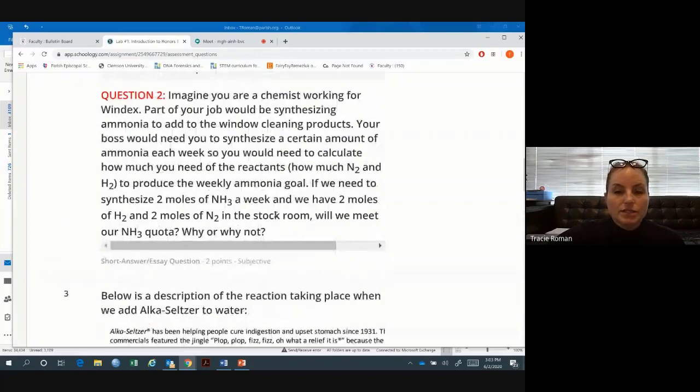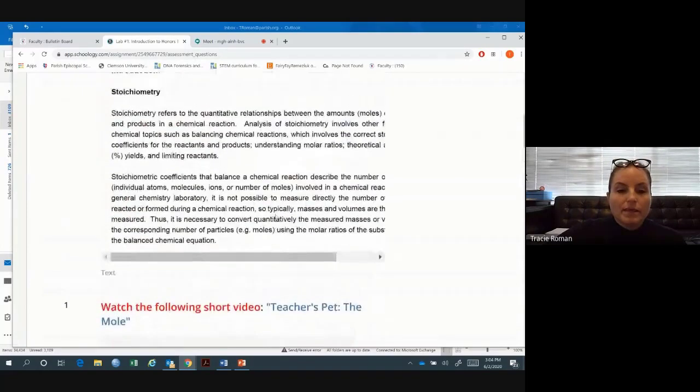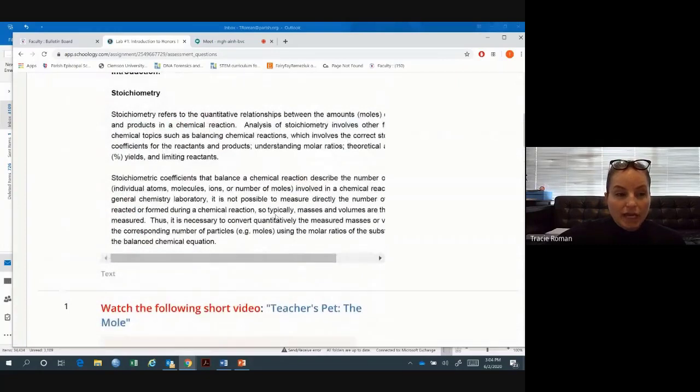We are determining how Alka-Seltzer reacts with these two different solvents, 100% water, 50% vinegar, and 100% vinegar. So vinegar is acetic acid.